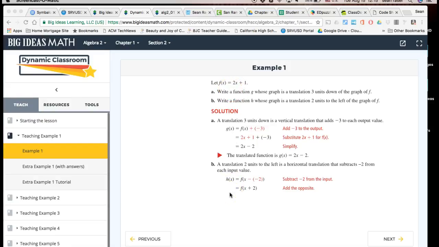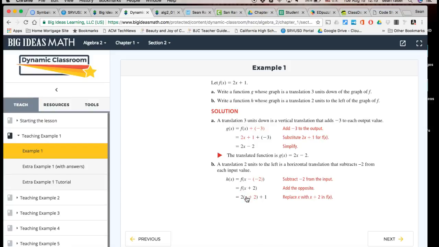So let's look at what that looks like. Now, we write out our original function, but everywhere we have x, we are going to substitute x plus 2 for that. Because remember, we figured out that a translation 2 units to the left is taking our input, subtracting -2, which really is x plus 2, and we're replacing our input with that value.